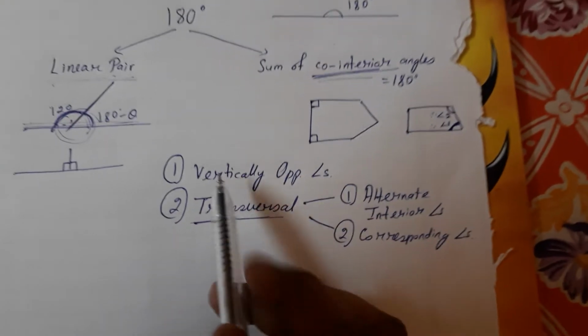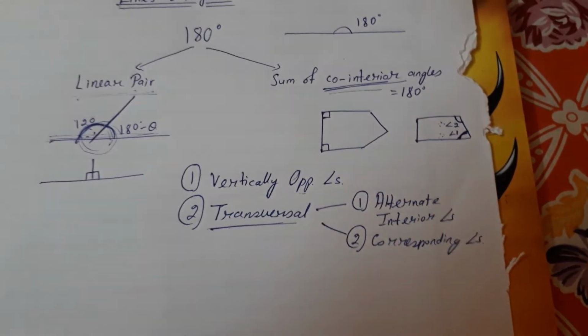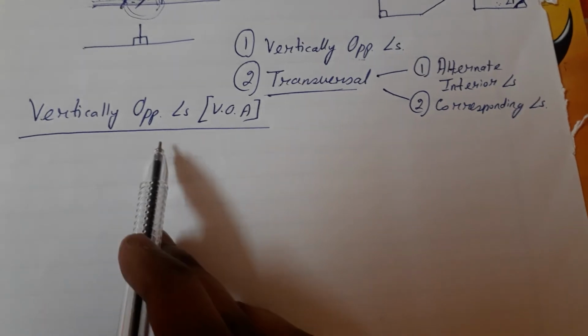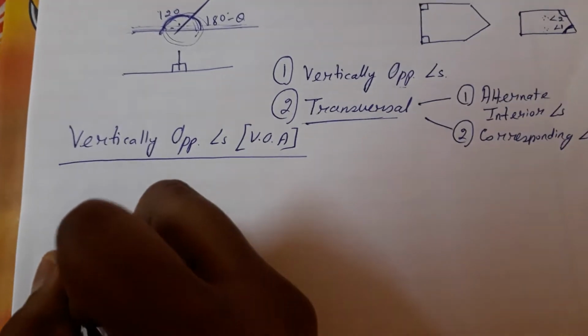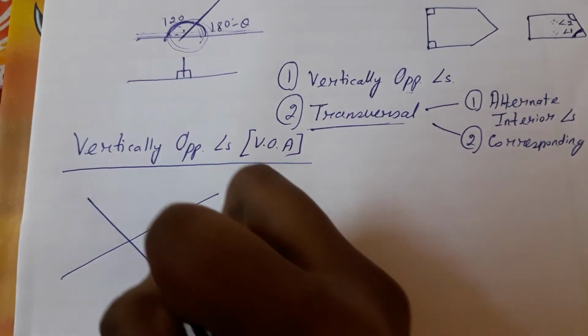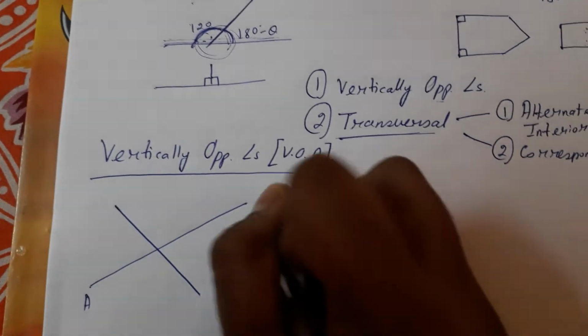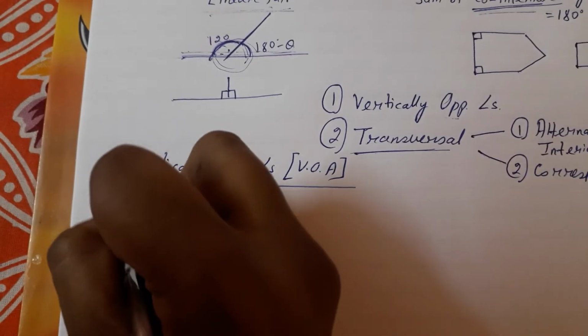Now first we have to know the vertically opposite angles. In these vertically opposite angles, suppose a line is in this way and another line is in this way. This is line AB and this is line PQ.